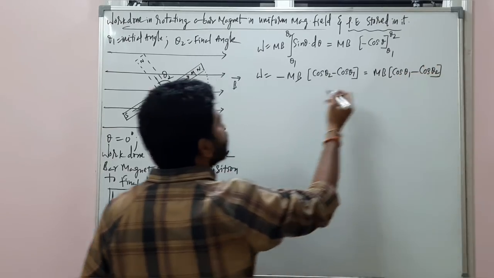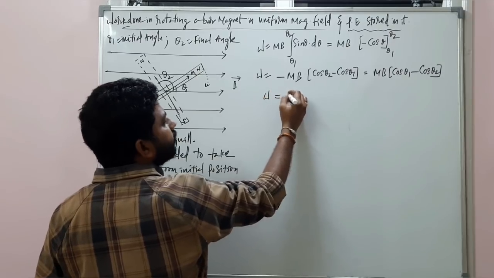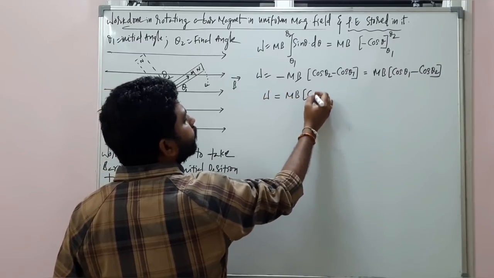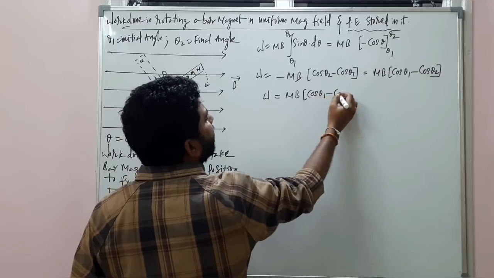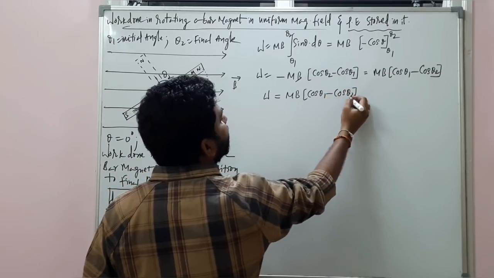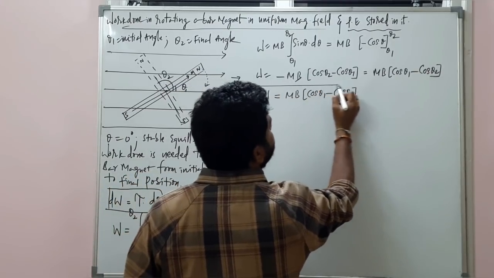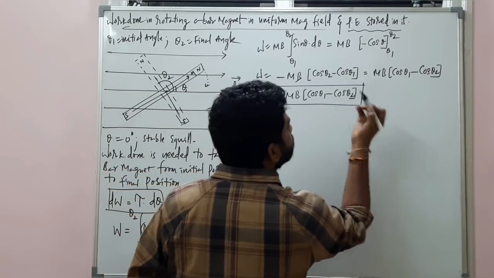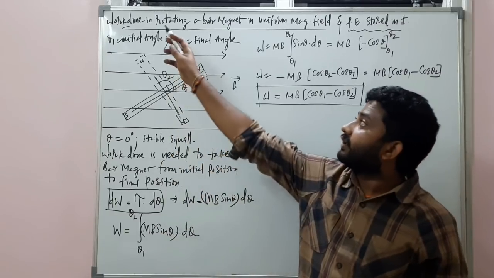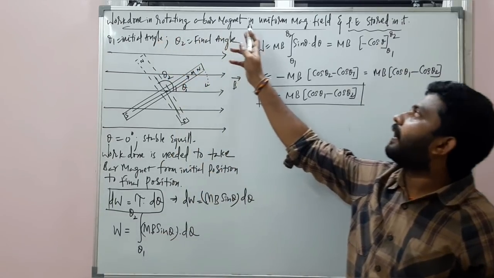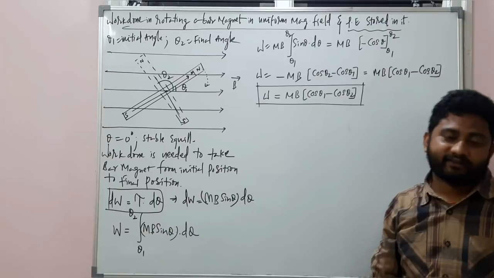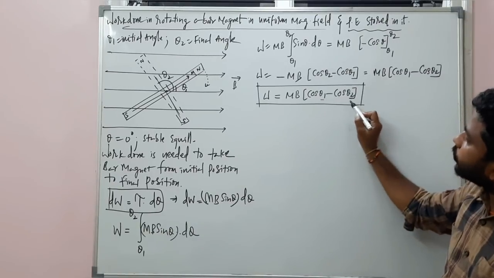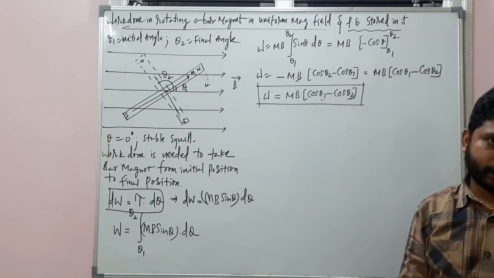Is it okay? So the final answer I am giving you: W equals mB into cos theta 1 minus cos theta 2. So this is the formula of work done in rotating a bar magnet in the uniform magnetic field, from what angle to what angle we are rotating.